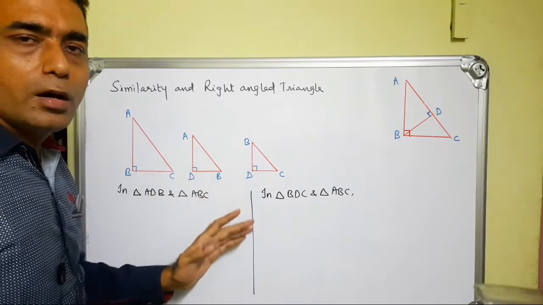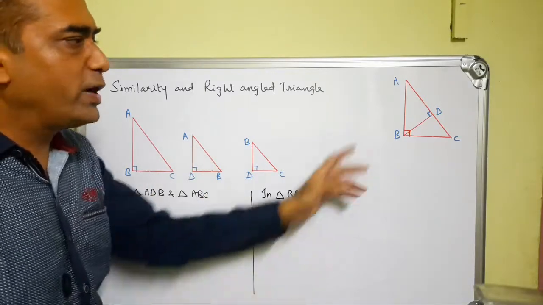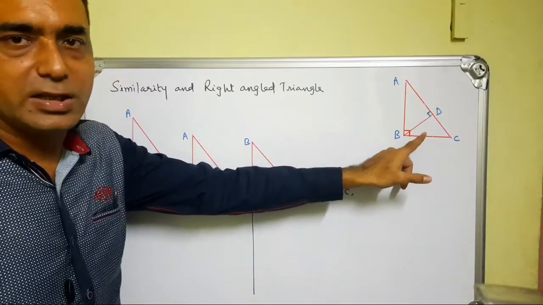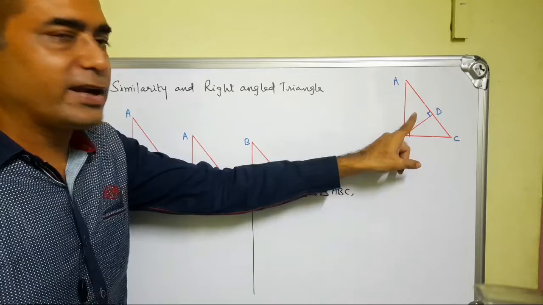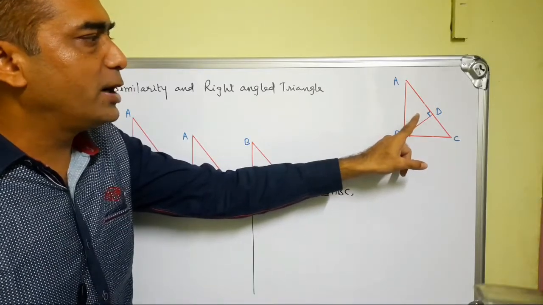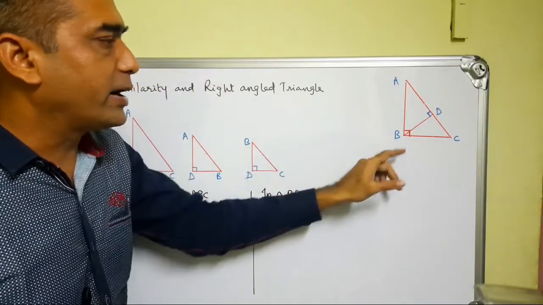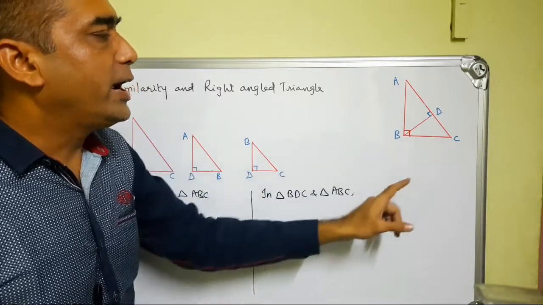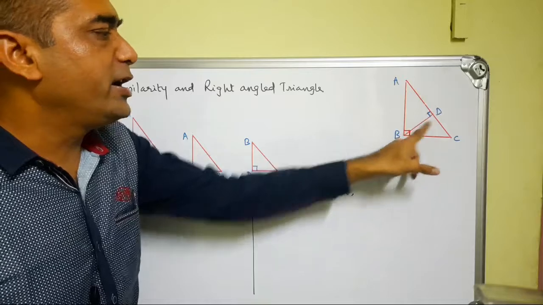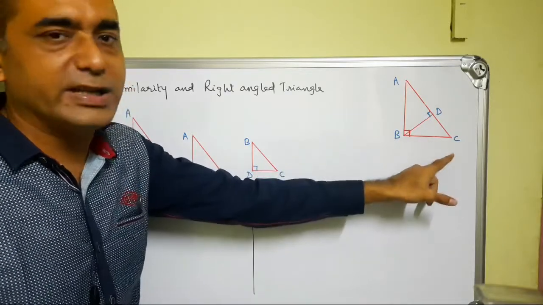Now as we saw, we have to prove that all the three triangles are similar to each other. Means first, this triangle ADB is similar to triangle ABC, then triangle BDC is similar to triangle ABC, and then triangle ADB is similar to triangle BDC.